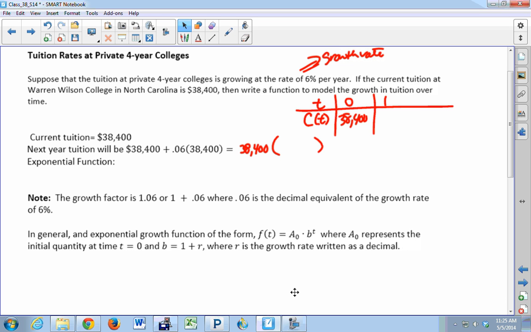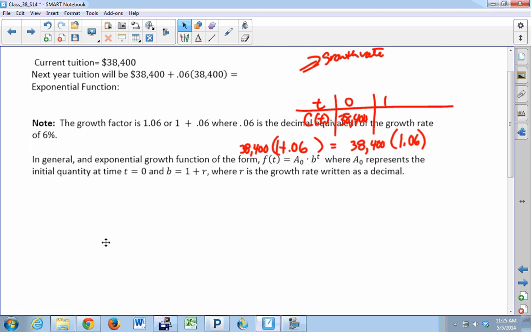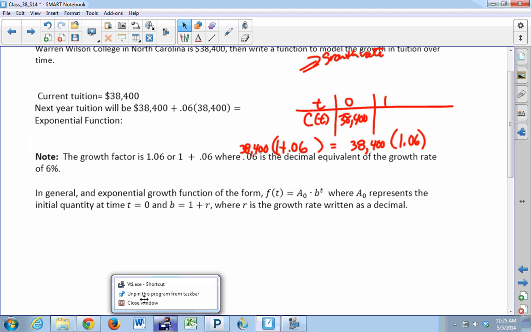What number? 1 plus 0.06, right? 1 plus 0.06. So that would be written as 38,400 times 1.06. This will give me the tuition next year, and it's pretty darn close because this is close to the bill I saw when I got her financial aid information.